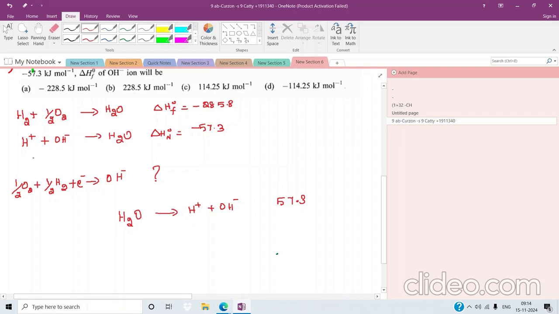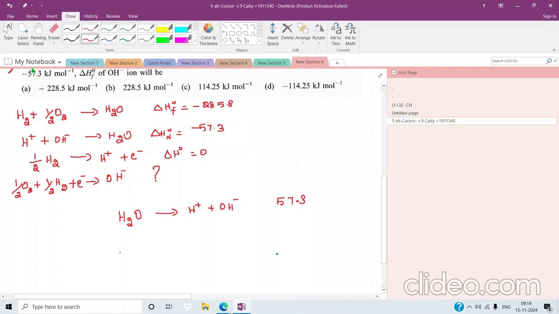How can I get that? Half hydrogen giving H plus and removal of one electron, the delta H for that reaction will be 0. This is a fixed case. Delta H of the reaction will be 0.